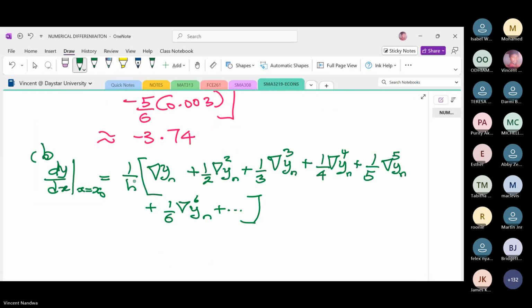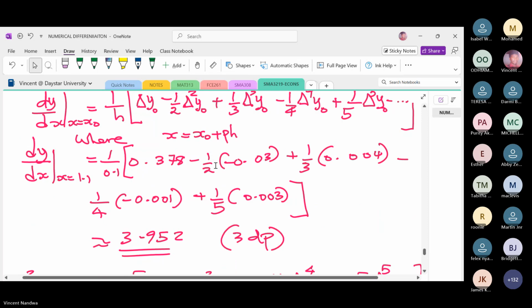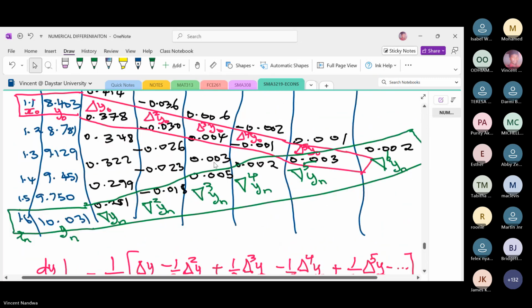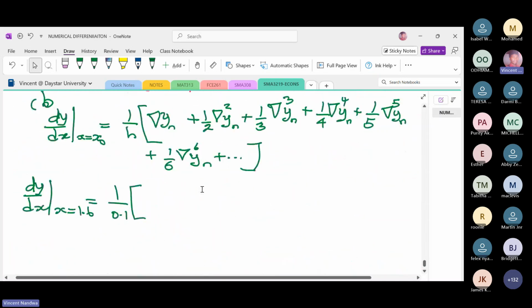So dy/dx at x equals 1.6. This is the same table, so the spacing remains the same, 0.1. And what would be our backward yn? It is 0.281. So you replace this as 0.281, then plus a half.